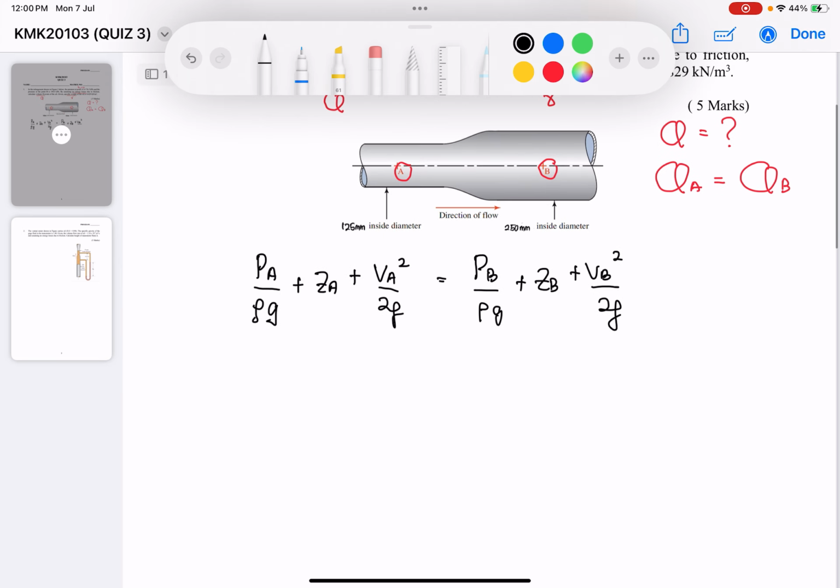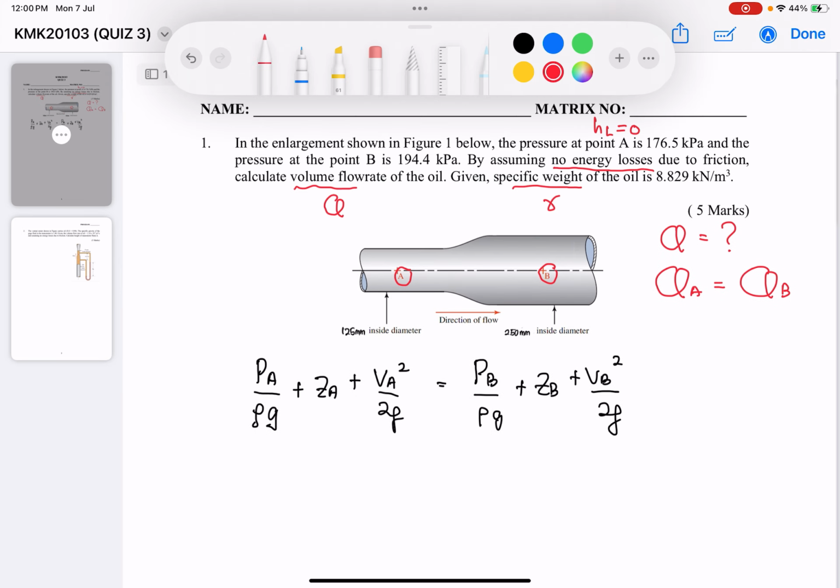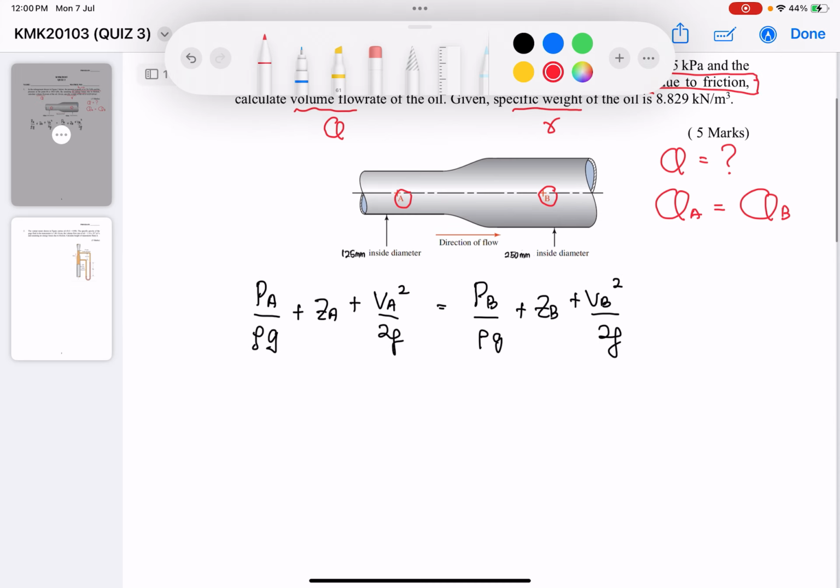So this is my Bernoulli's equation, and again, if you notice, the question does mention no energy losses due to friction.